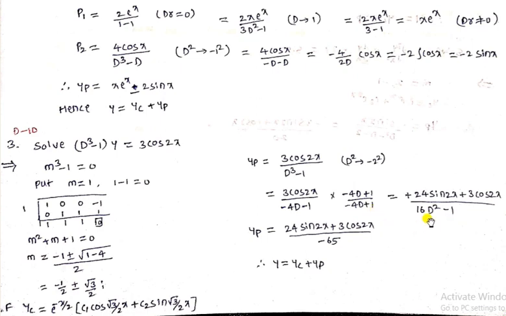So again the denominator term contains D square, so you have to replace by the coefficient of x as 2 and 2, that is minus 2 square. So minus 4 into 16 minus 1 gives minus 65. So the denominator is not equal to 0, which means it is the required particular integral.